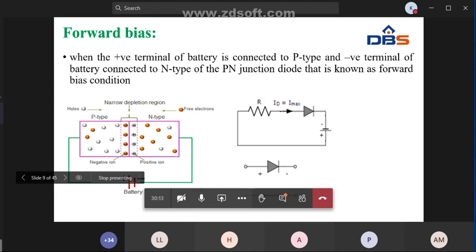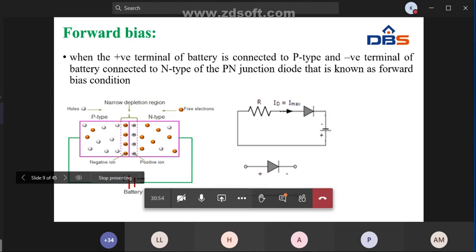When the positive terminal of the battery is connected to P-type and the negative terminal of the battery is connected to N-type of the PN junction diode, that is known as the forward biased condition. For P-type material we are connecting the positive terminal, and for N-type material we are connecting the negative terminal. So this type of connection is called forward bias connection.